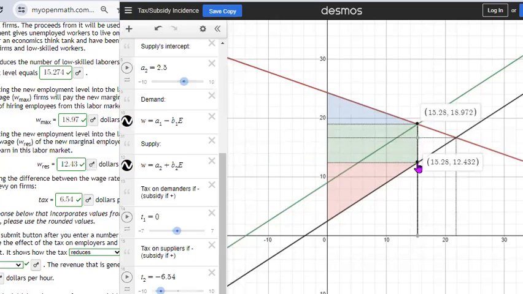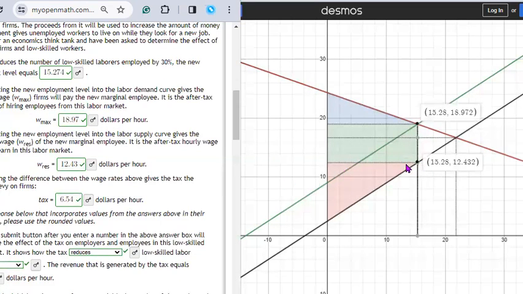What is the reservation wage of the last worker hired once the taxes are imposed on the employees? Well, the reservation wage is still, oops, sorry, 12.43. This is the employment level. The wage is 12.43, right? So that has not changed, right?